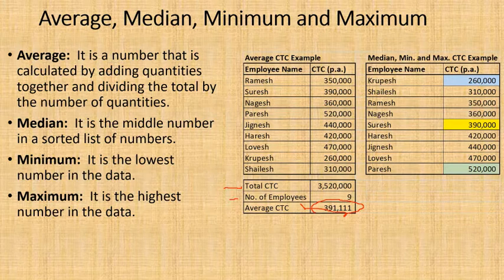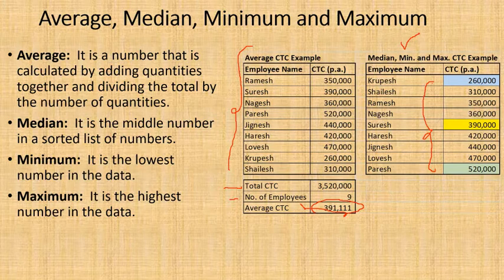Now what is a median? Median is the middle number in a sorted list of numbers. The same data I have shown in table 2 here, and in this table I have sorted this data in chronological order, from the lowest to the highest numbers. Krupesh has the lowest salary and Paresh has the highest salary. After I put this in order, the median is the middlemost number.